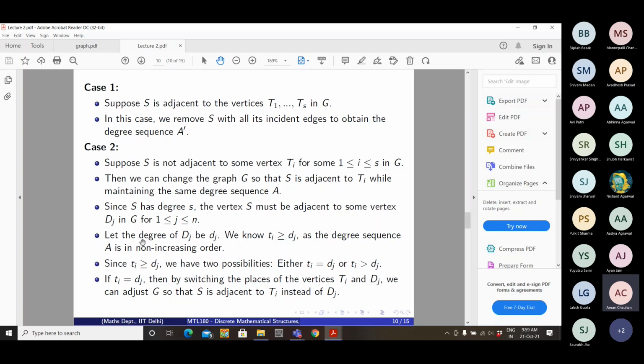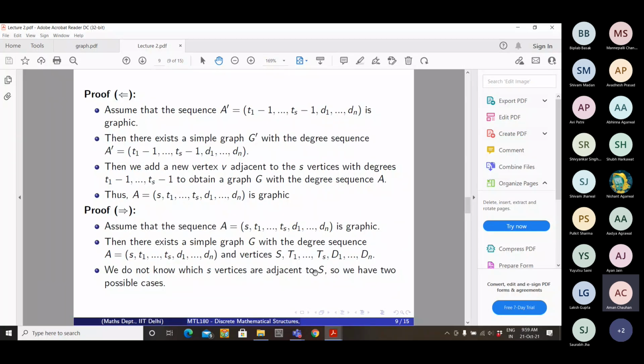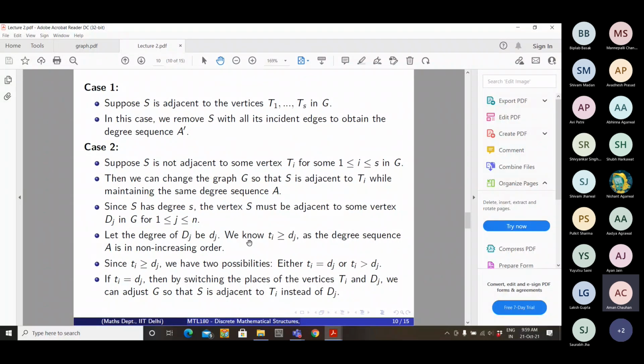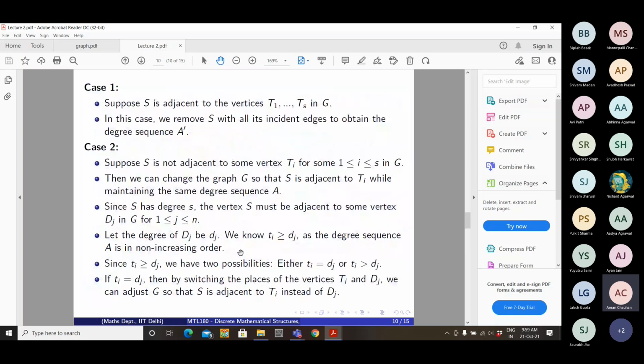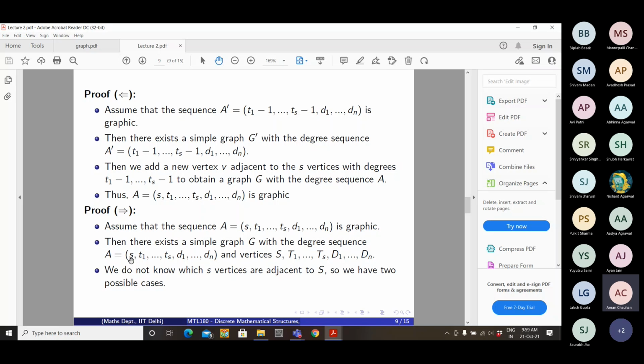Suppose S is adjacent to Dj, and let the degree of Dj be dj, which we assumed earlier. What do we know from the degree sequence? The degree sequence is always in non-increasing order, so these Ti are always greater than or equal to Dj.